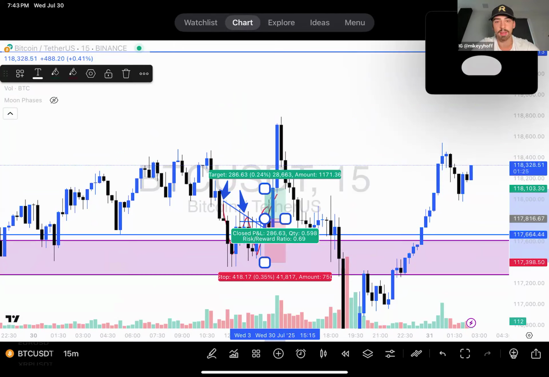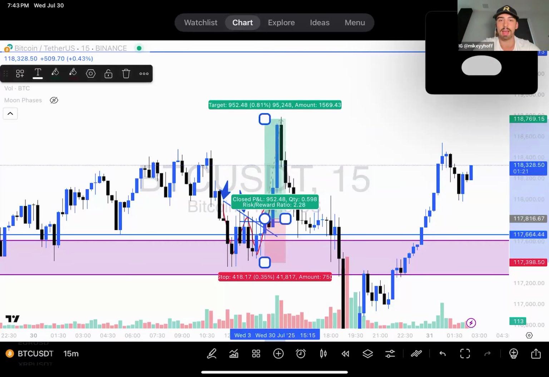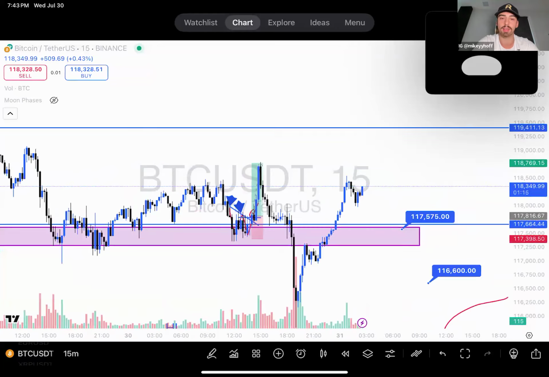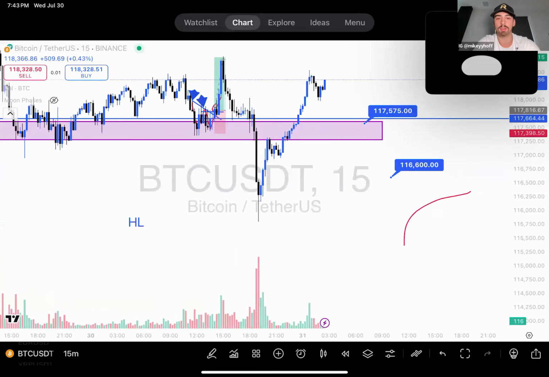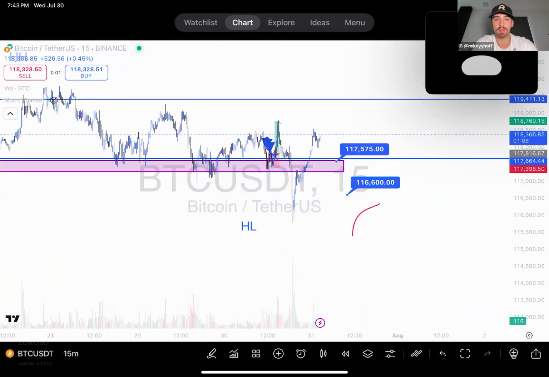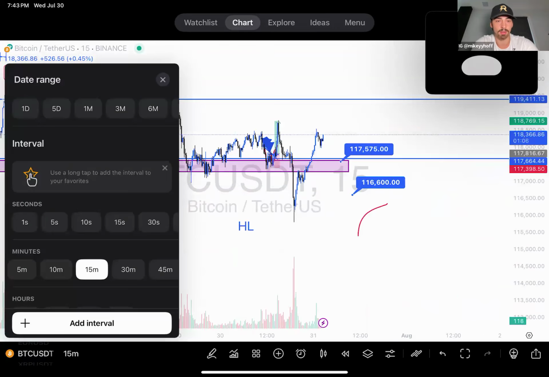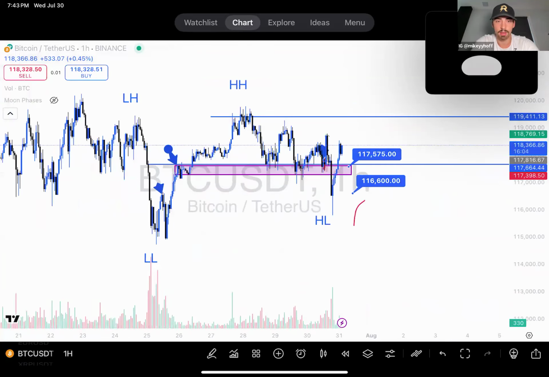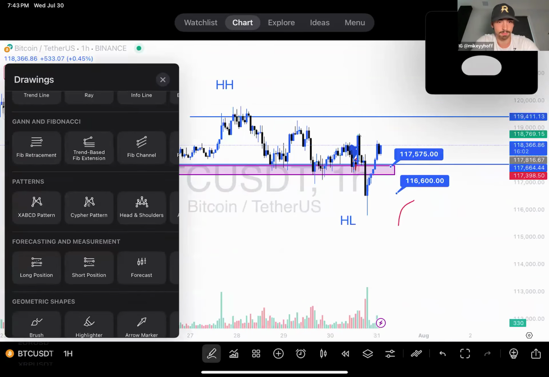In this case, we can see that Bitcoin reacted and gave us 1,000 pips in profit. It wasn't a full 3-to-1 risk to reward, and then it reversed and went and tapped into our second zone. For some reason, the second zone is not there. Let's just go back to the hour quickly and mark that up again.